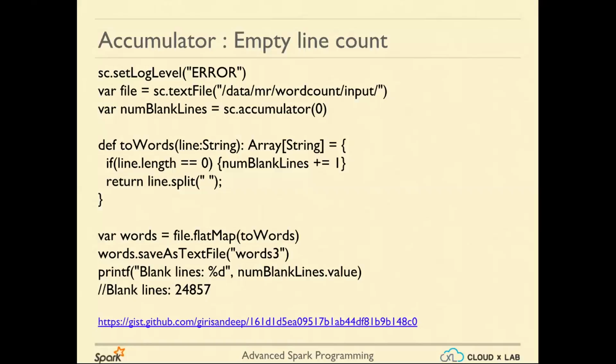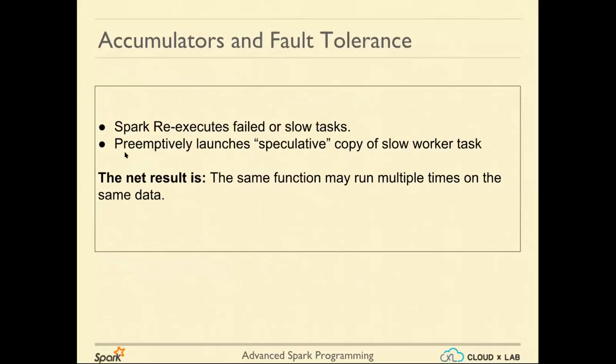So it might be executing on multiple machines simultaneously. If one of the machines fails, then the same work will be executed somewhere else, and hence these two words could be executed multiple number of times. All right. So the same function may run multiple number of times on the same data.